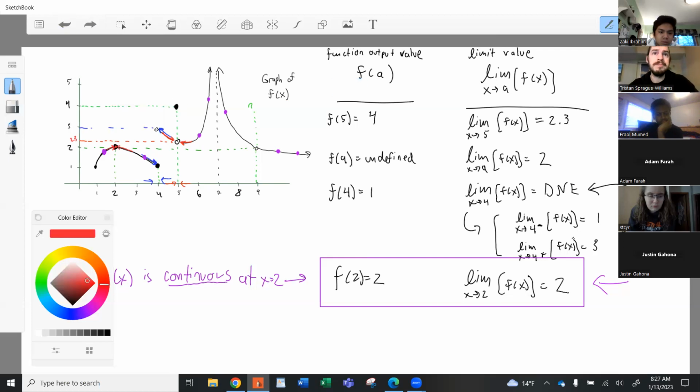You can't get around the fact that the output of the function when you give it an input of 5 is going to be 4, because there's a dot there. Does that make sense?